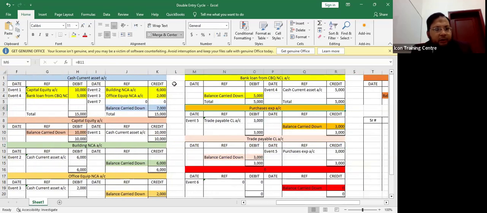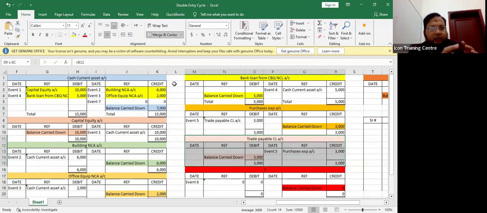The first one is the purchase account. 3,000 appears on the debit side of the purchase account, and the reference is trade payable current liability. And if you look at the trade payable account, 3,000 appears on the credit side, and the reason is purchases account.